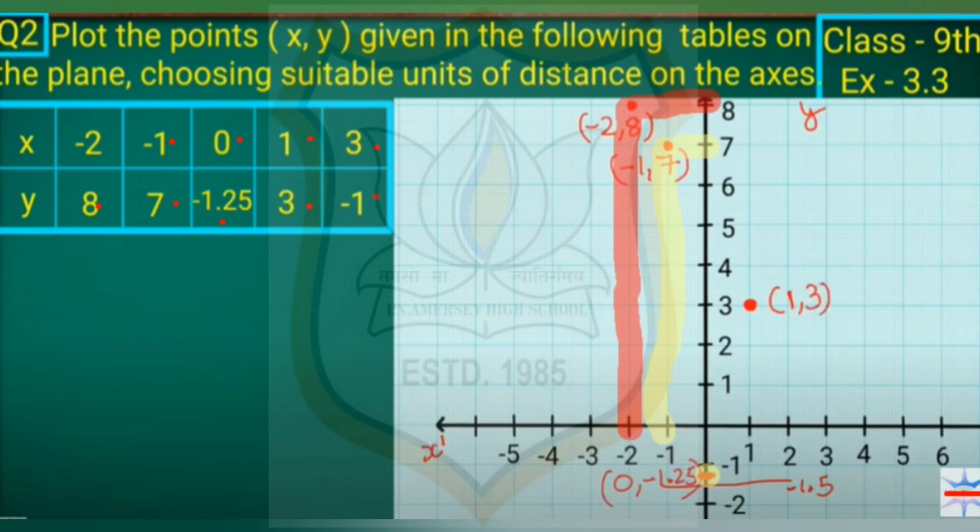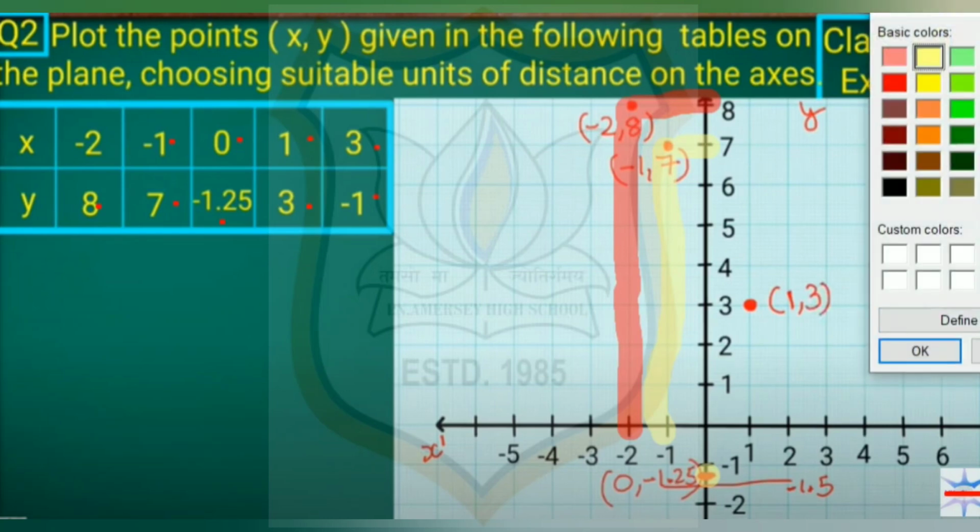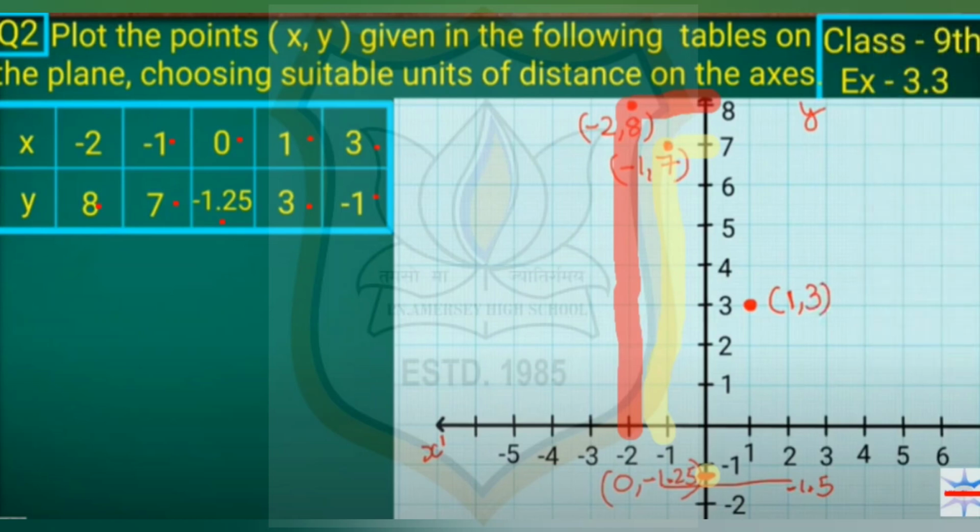Next point is 1 comma 3. First on the x-axis we plot 1, and on the y-axis we have 3. This is 1 comma 3. And at last we have 3 comma minus 1.